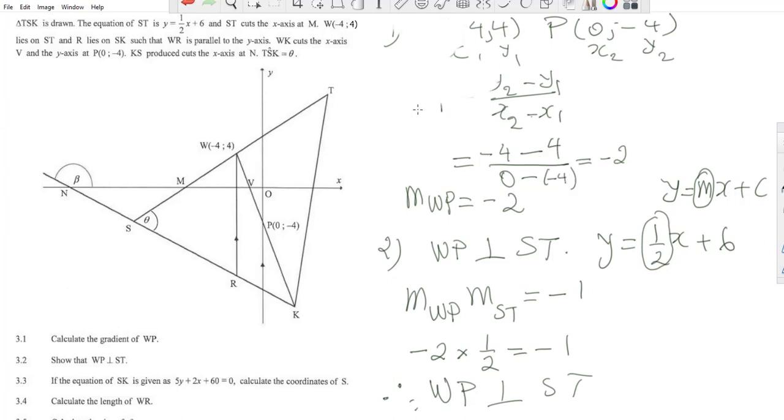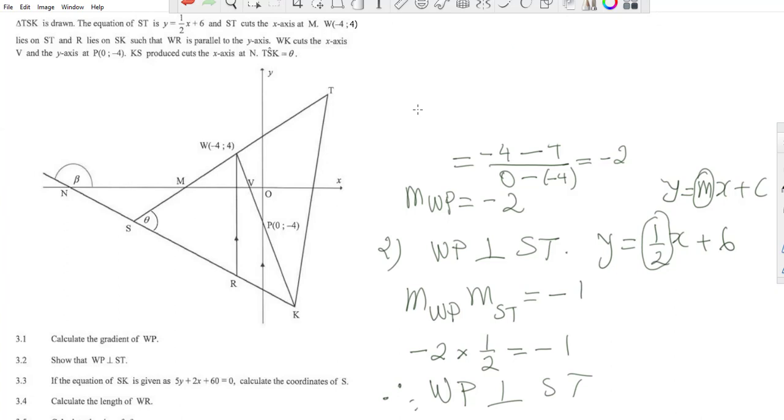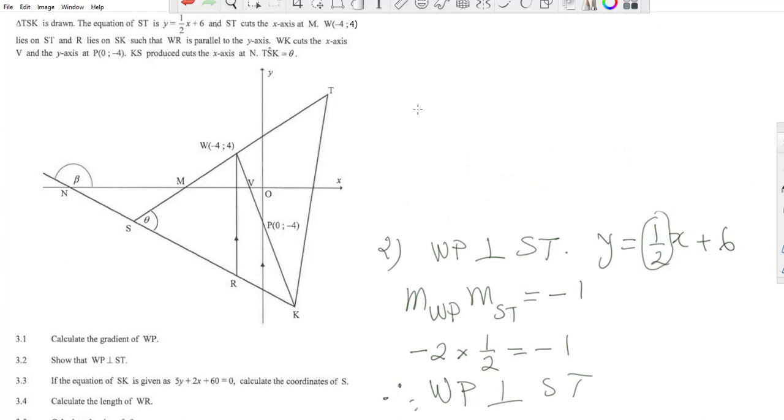What does the next question say? The next question says, if the equation of SK is 5y plus 2x equals 60. I think we can arrange it first.